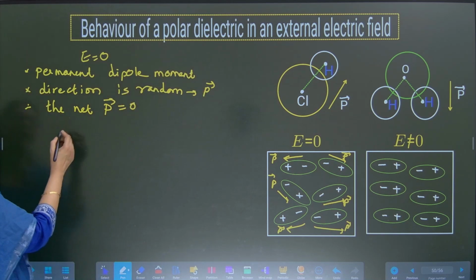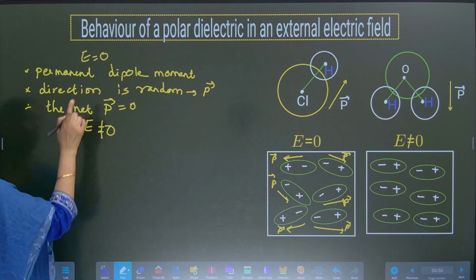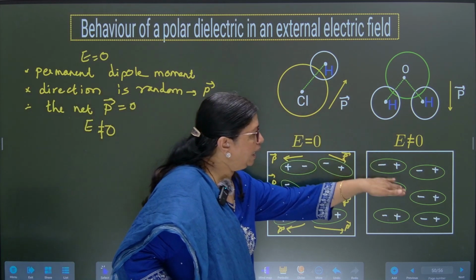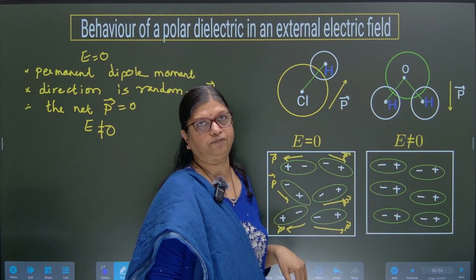Now let me place the polar dielectric in the presence of external electric field.